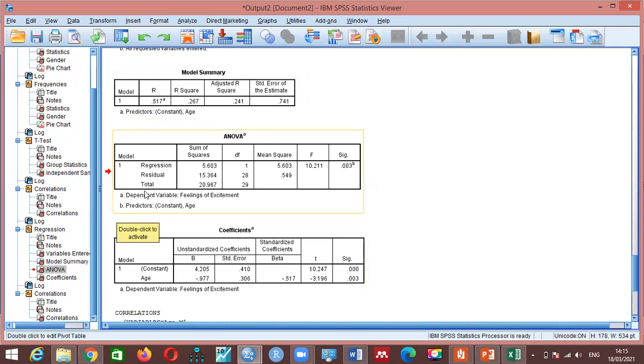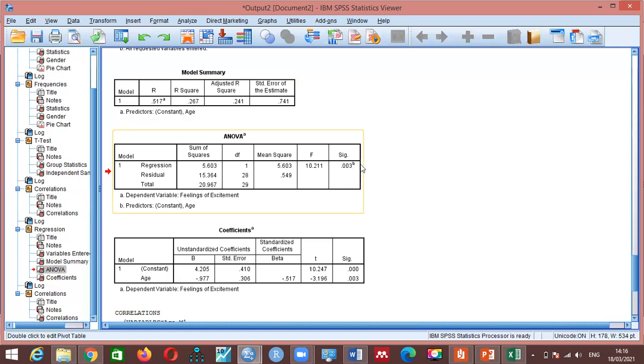You can see here the dependent variable is the feelings of excitement, the predictor is the age. So this sig value, 0.003, is smaller than 0.05. When your sig value is lower than your error margin, you are going to reject the null hypothesis.